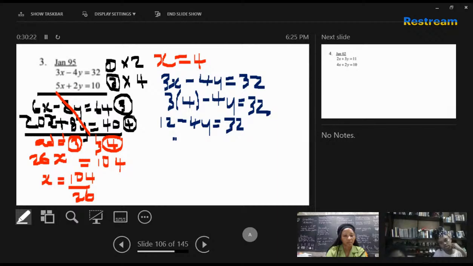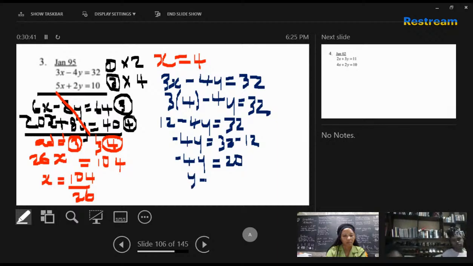So negative 4y equals 32 minus 12, which is 20. And y would be 20 divided by negative 4, and that would give us negative 5.